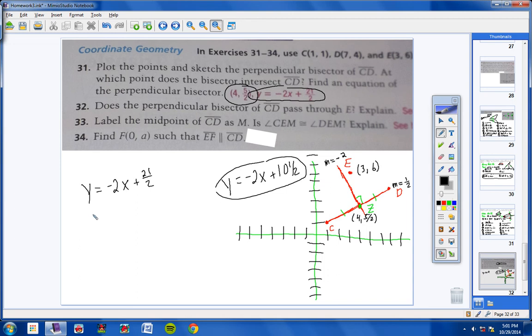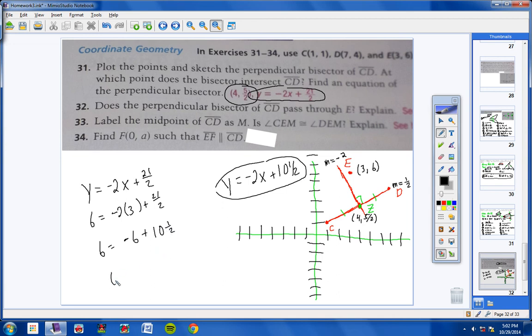Where the y is, I'm going to put a 6. And where the x is, I'm going to put 3. Now let's see if I get out a true or false statement. Here we go. 6 equals negative 6 plus 10.5. Okay?